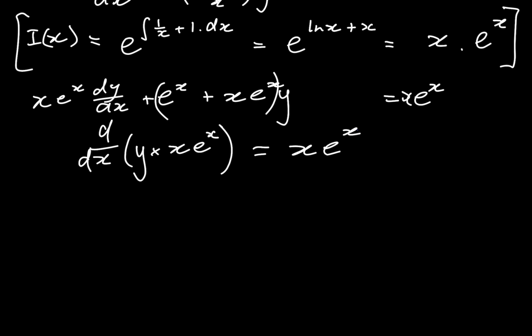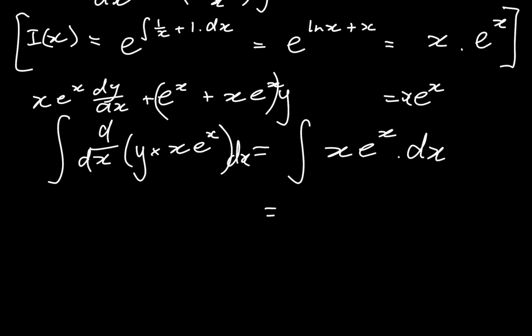Okay, so now we still obviously have in mind when we're solving this general solution that we're solving for y. So we need to eventually get to this y. So what we're going to do is we're going to integrate both sides in terms of x. Okay, and now if we're integrating, so first there's a derivative and then an integration.